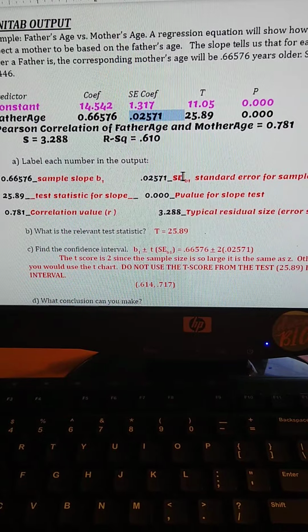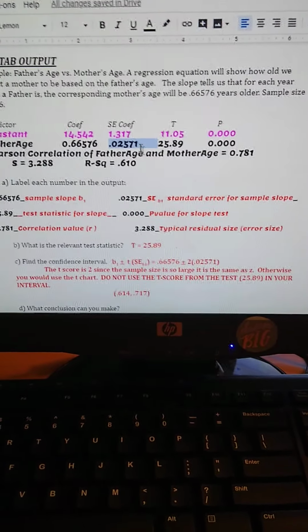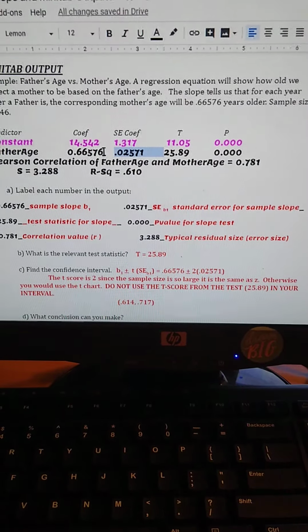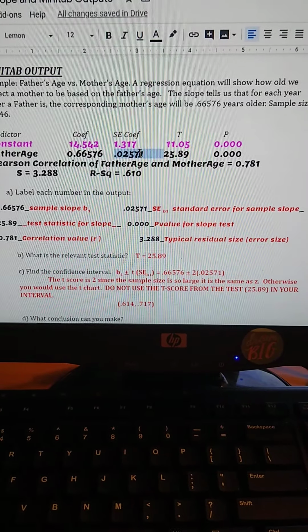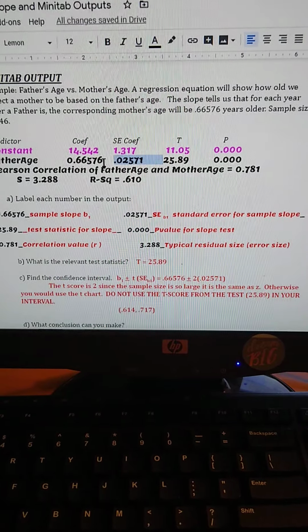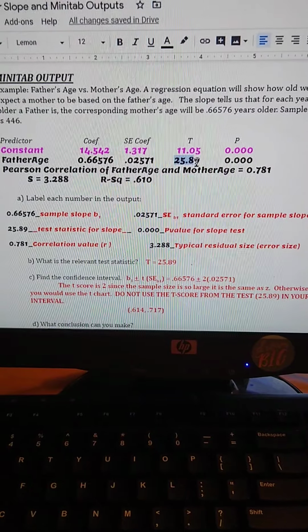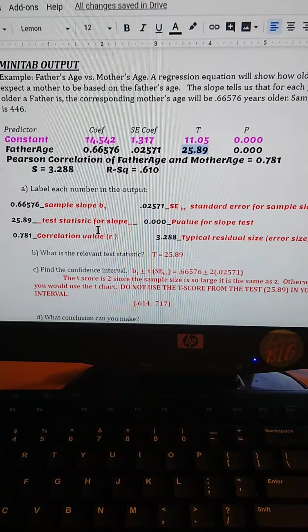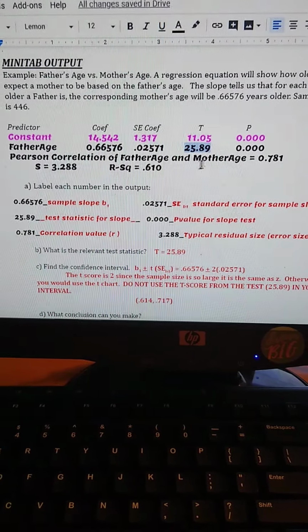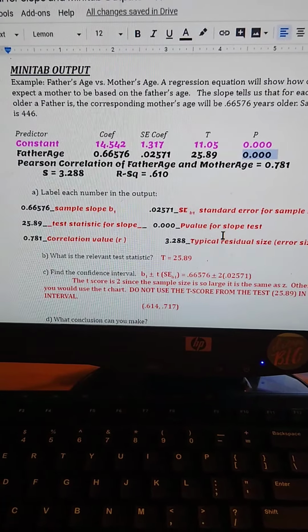This is your SE sub b sub 1, standard error for the sample slope. So these are the two numbers that we would be using to calculate t. And if you divide these two, you get your t-score. So the 25.89 is the t-score, the test statistic for the slope test, and of course the p-value for the slope test, and that's 0.